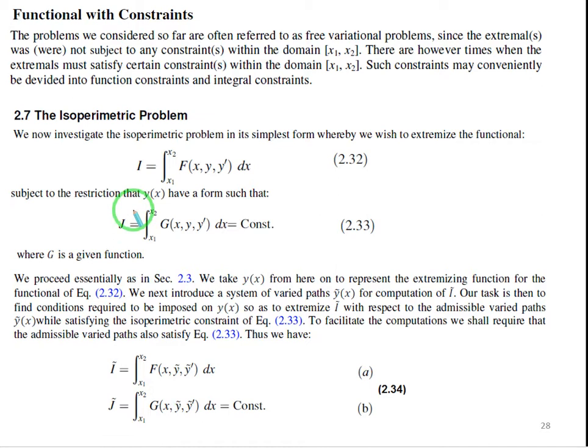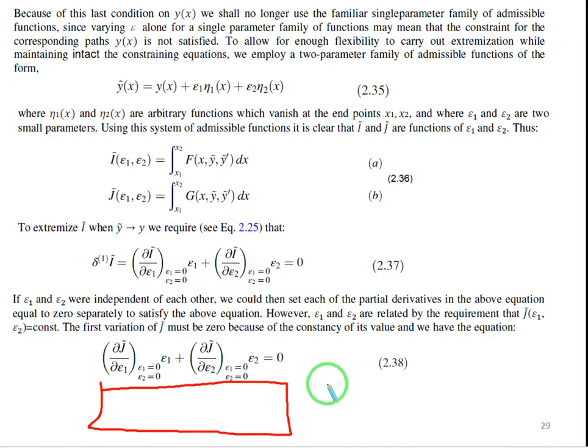This is very important because if y tilde does not satisfy this condition, it is not easy to find y of x by this equation. Let me continue. Let's go to our next slide.